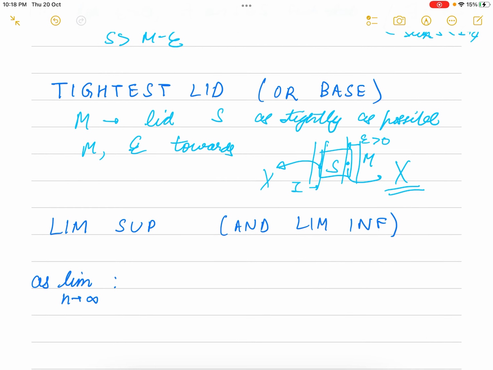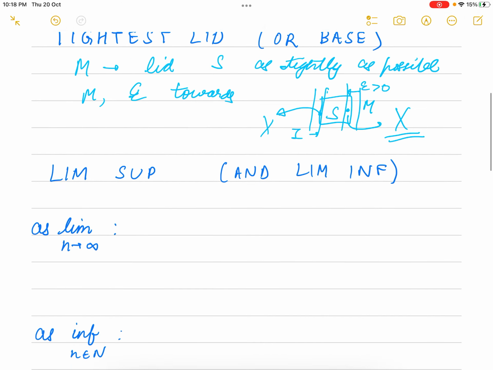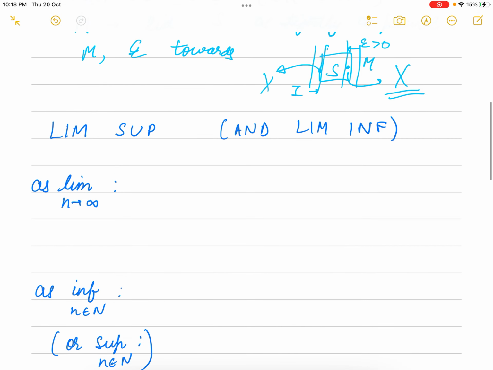Now we move towards limit supremum and limit infimum. Limit supremum and limit infimum can be thought of in many ways, such as the limit as n approaches infinity of this set.